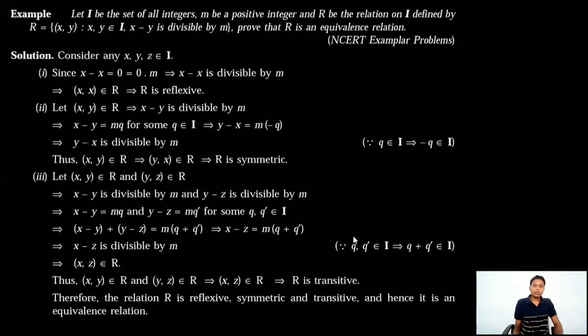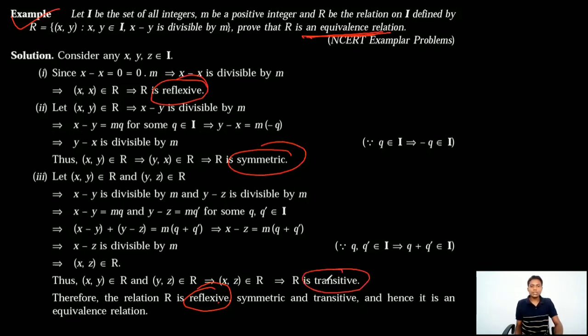This is also a similar type of question. You have to show equivalency. Just go through this question and its solution, and you will easily understand how this relation R is an equivalence relation. R is reflexive, R is symmetric, R is transitive. So R is an equivalence relation.